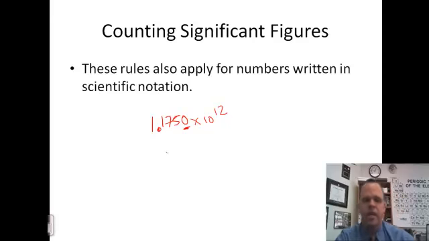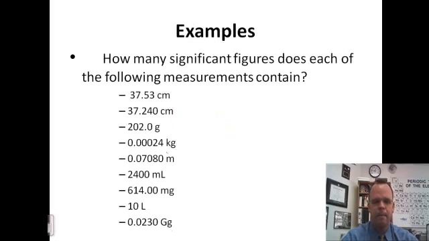I think scientific notation is actually the easiest way with significant figures because if it's written in scientific notation, it's got to be a number between 1 and 10. So you're going to have integers to start with that are non-zero. Zeros would only come at the end, and they would always be significant. You wouldn't write them, if you're doing scientific notation correctly, if they're not significant.